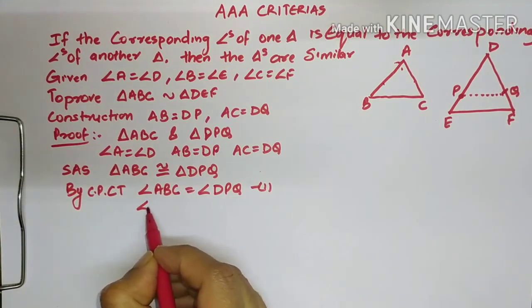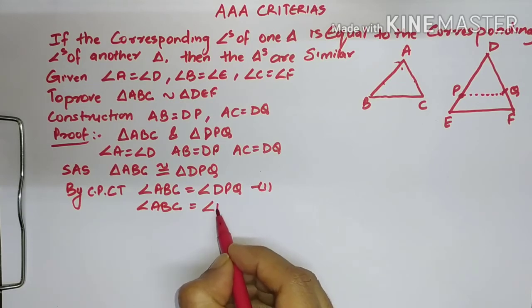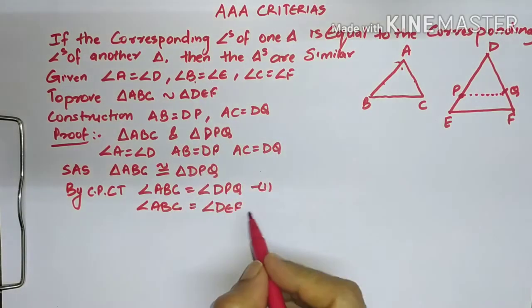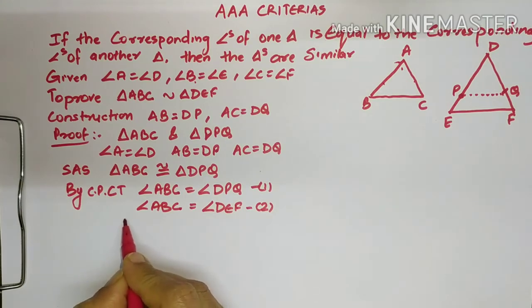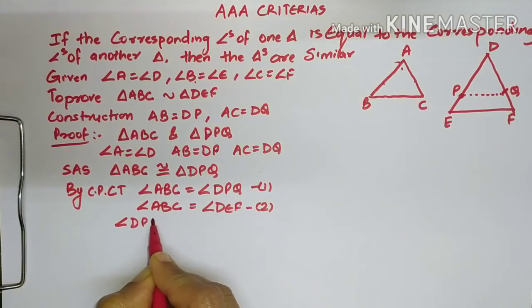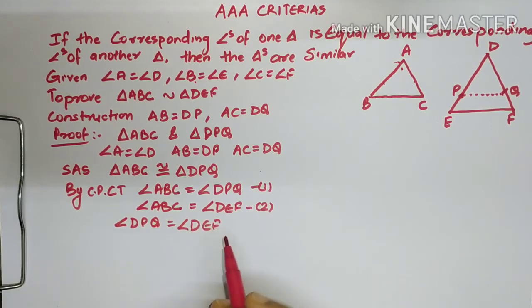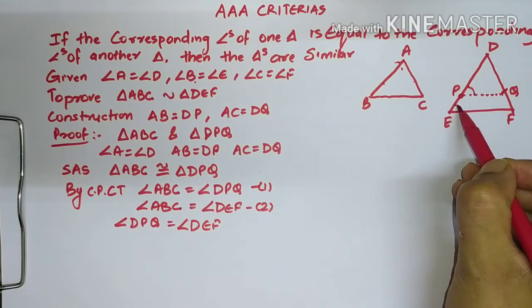Okay, but this angle ABC is equal to angle DEF, right? As it has been written here. So I'll mark this statement as 2. So by looking at statements 1 and 2, definitely we can conclude that angle DPQ is equal to angle DEF. Now look, here is DPQ and this is DEF.